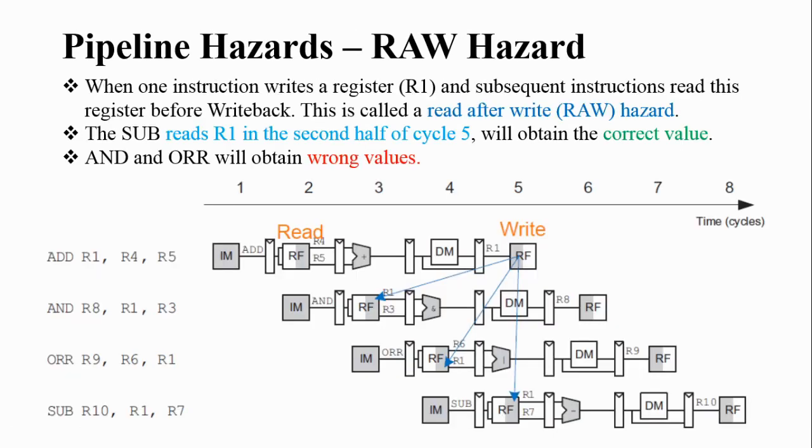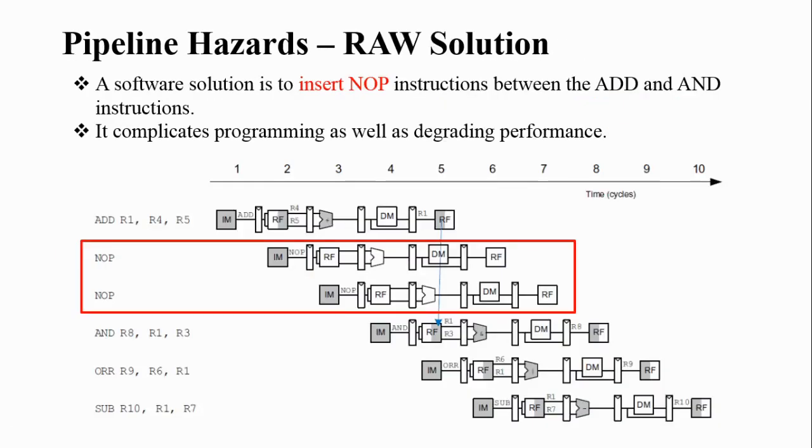So how will you solve this problem? The first method of solving this problem is by inserting no operation instructions. You will add two no operation instructions, which means you are wasting two cycles here, two instructions here.